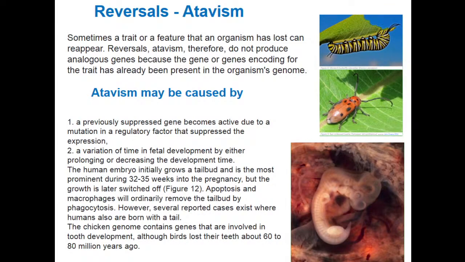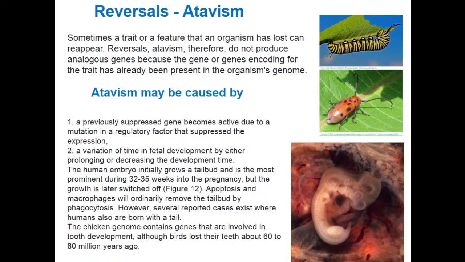The next evidence of evolution is atavism. Sometimes a trait or feature that an organism has lost can reappear. Reversals, atavisms, therefore do not produce analogous genes because the gene or genes encoding the trait are already present in the organism's genome.